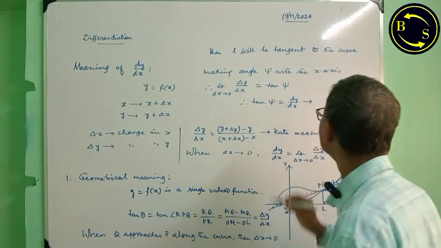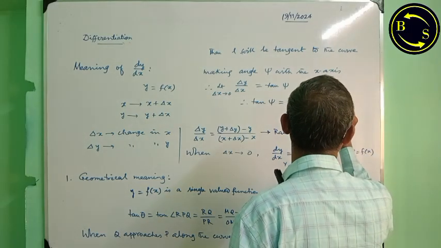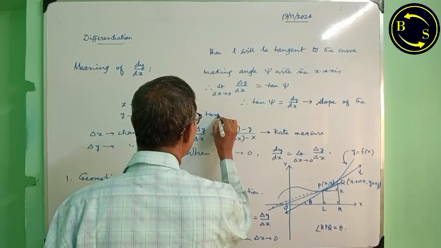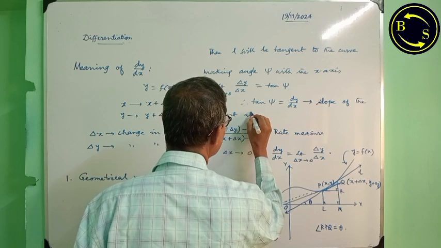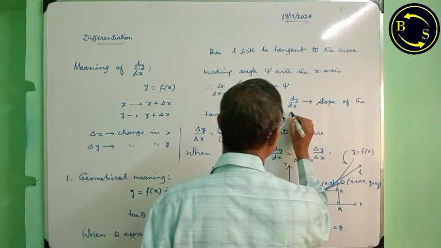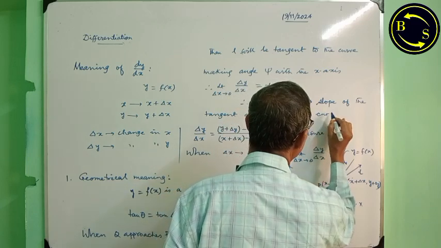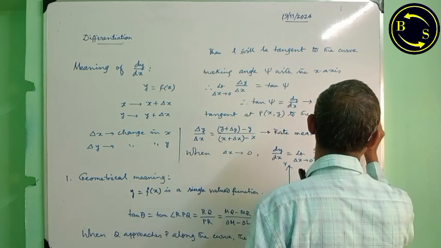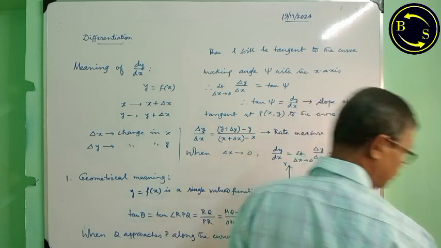Thus the geometrical meaning is the slope of the tangent at P to the curve.